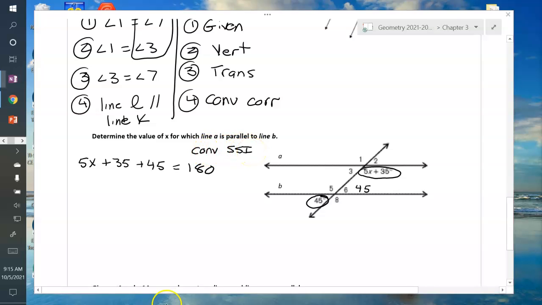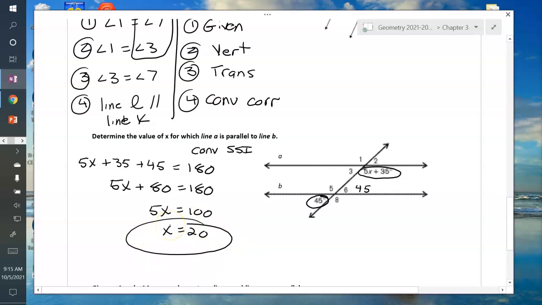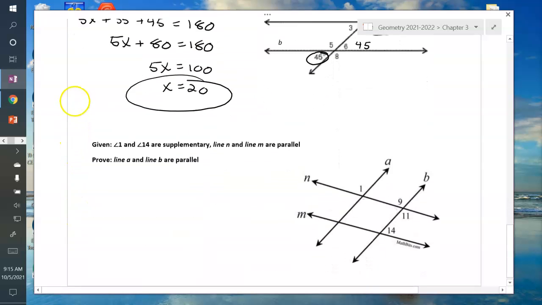Then I'm going to combine my like terms, so 5x plus 80 equals 180, 5x equals 100, x equals 20. That then forces line A and line B to be parallel.